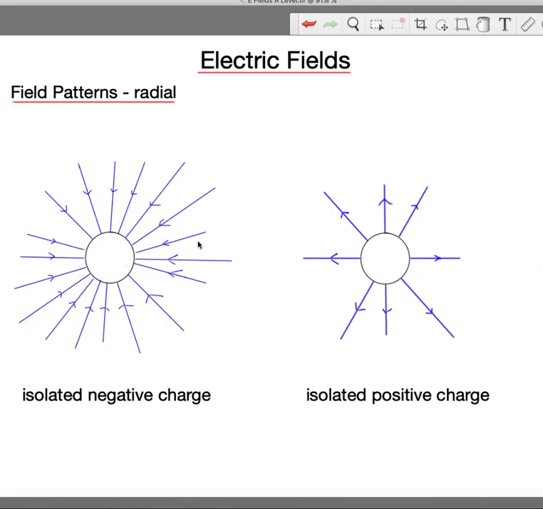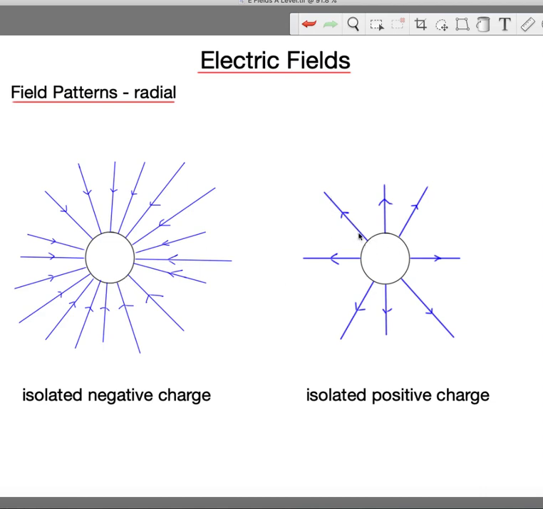So these would be fields of different strengths, but also different signs, because this one is attractive and this one is repulsive. So there you have your field patterns around two isolated charges, either negative or positive.